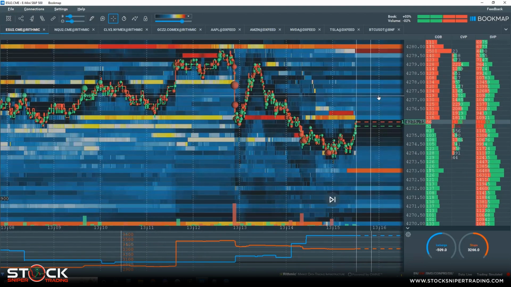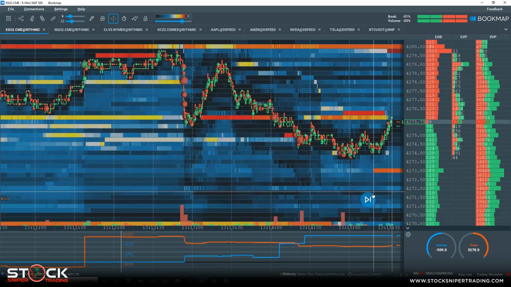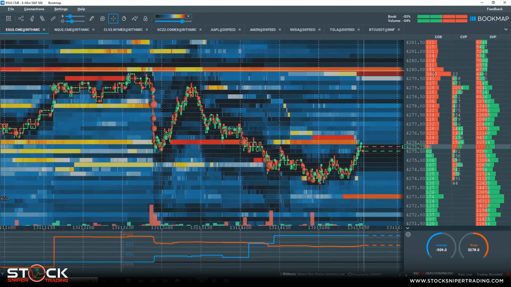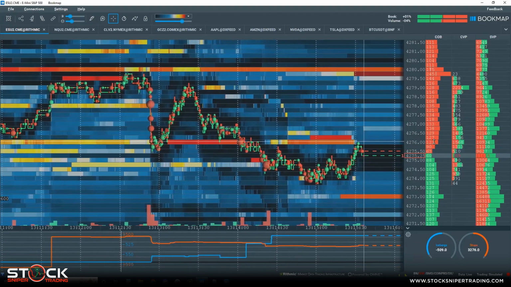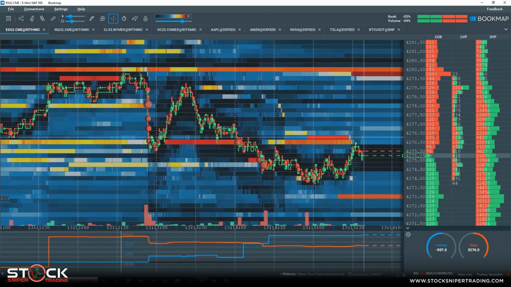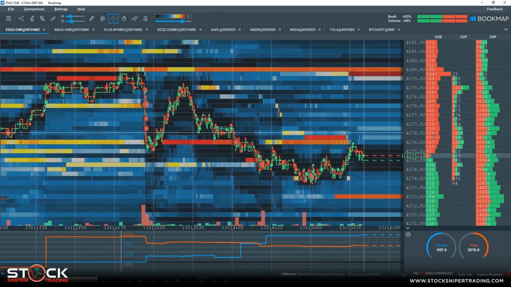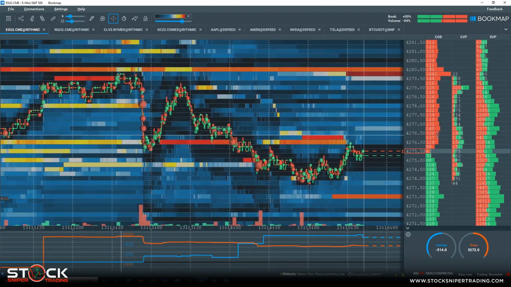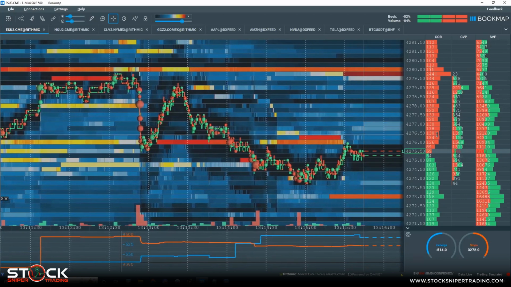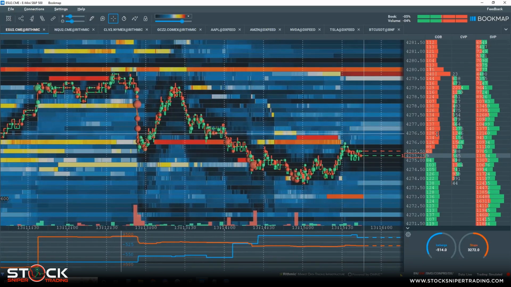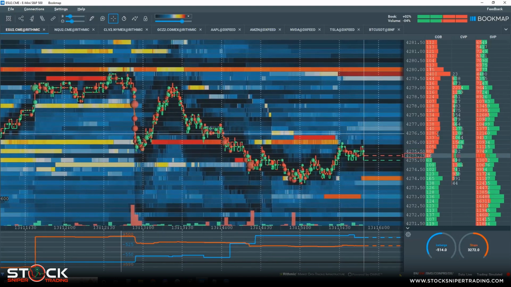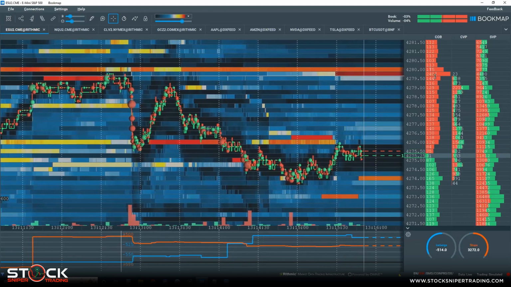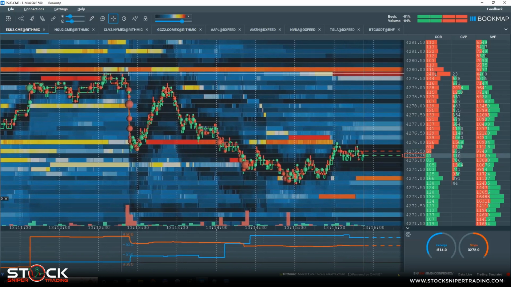You can see the problem here with looking at a dome. The problem is we can see the current market, but when they pull that liquidity, we don't know what was there before. So what Bookmap does is we take this high liquidity in here, like 240 contracts up here.